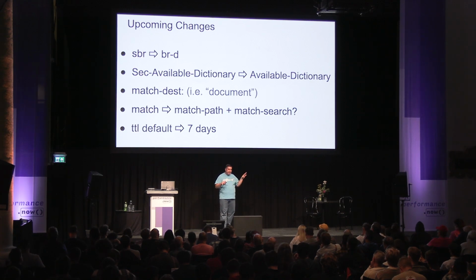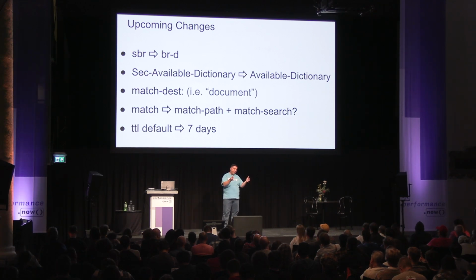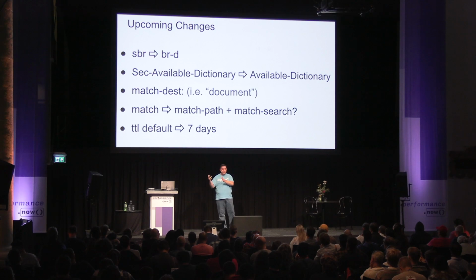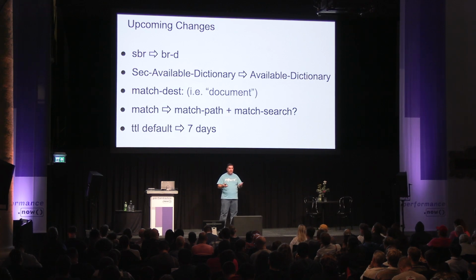And so we're likely to take the match and split it into two. One part is for the path part of your URL, and one is for the query params search part of your URLs. It will still support wildcards. It won't be that much different, and it'll default to probably a wildcard for the search. So if you just have a specific path and ignore query params, that'll be in place.